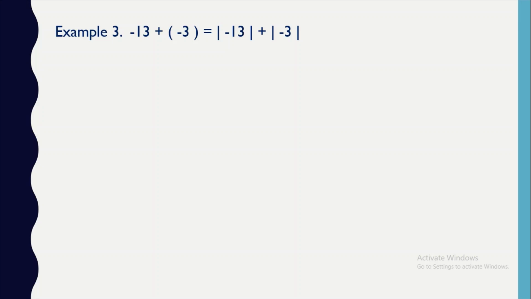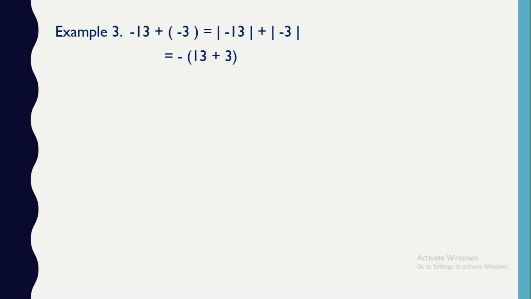Example number 3. Negative 13 plus negative 3. So again, get first the absolute value of the integers. Okay? The absolute value of negative 13, that is positive 13. And the absolute value of negative 3, that is positive 3 or 3.